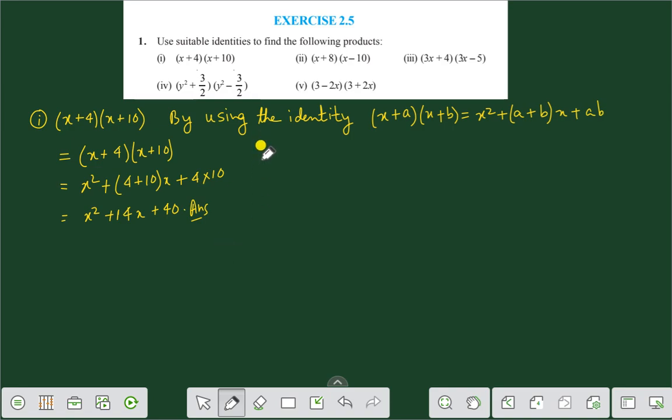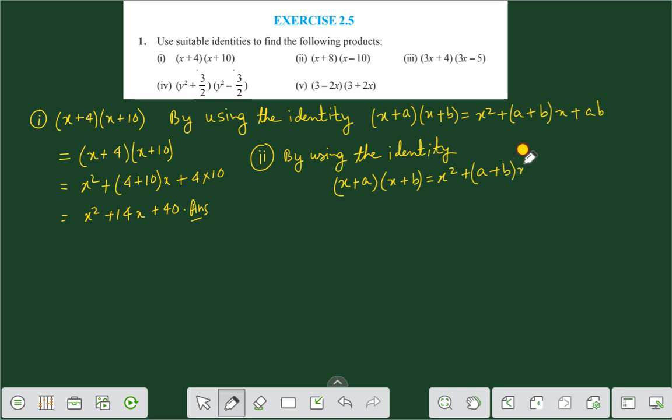Now we'll solve question number 2. Question number 2 is (x + 8) into (x - 10). By using the identity (x + a) into (x + b) is x square plus (a + b)x plus ab.